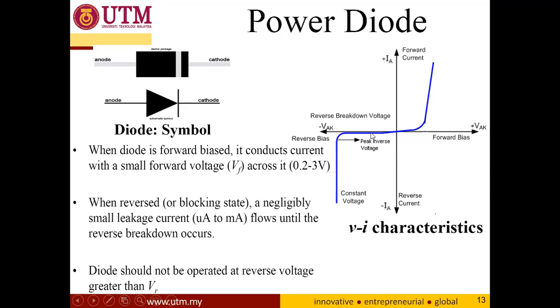But if the voltage across the cathode and anode is higher than some value, for example higher than VR here, it will make the diode burn out. Burn out means that it malfunctions and becomes short circuited, and current will flow in the reverse direction. This diode cannot be used again.